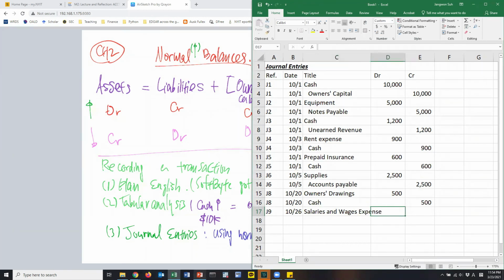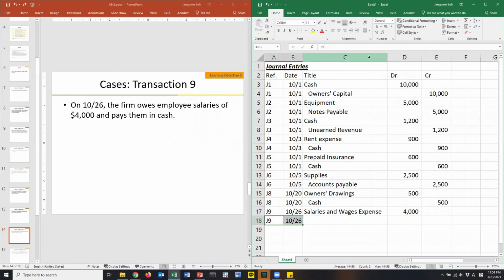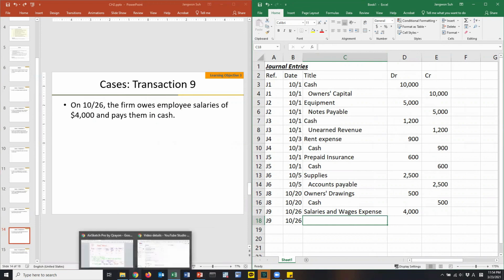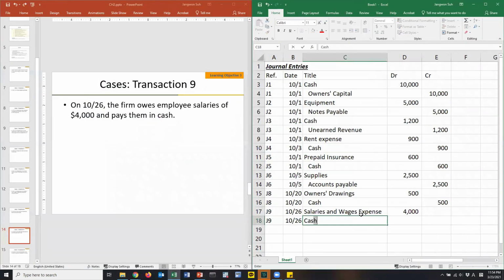How much was it? 4,000. Okay. And we have the same records. And then we pay them cash, meaning cash as an asset item is decreasing. Asset item decrease should be credited. Okay. Cash credited. Okay.